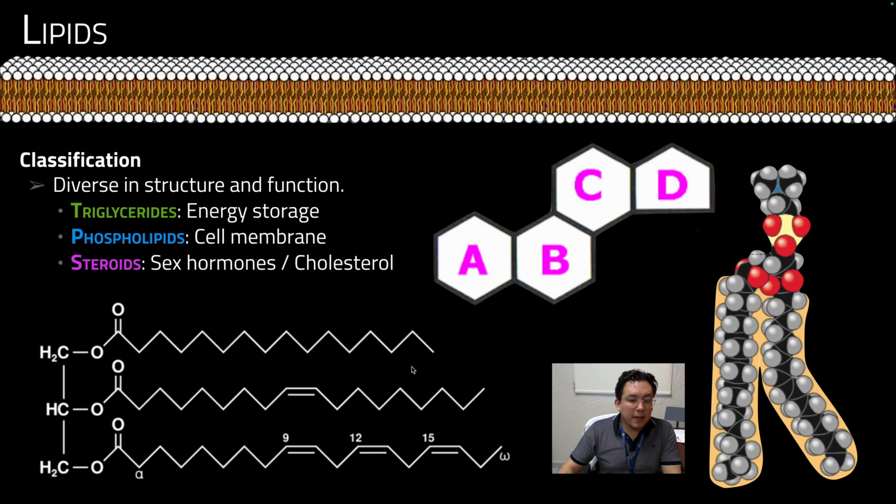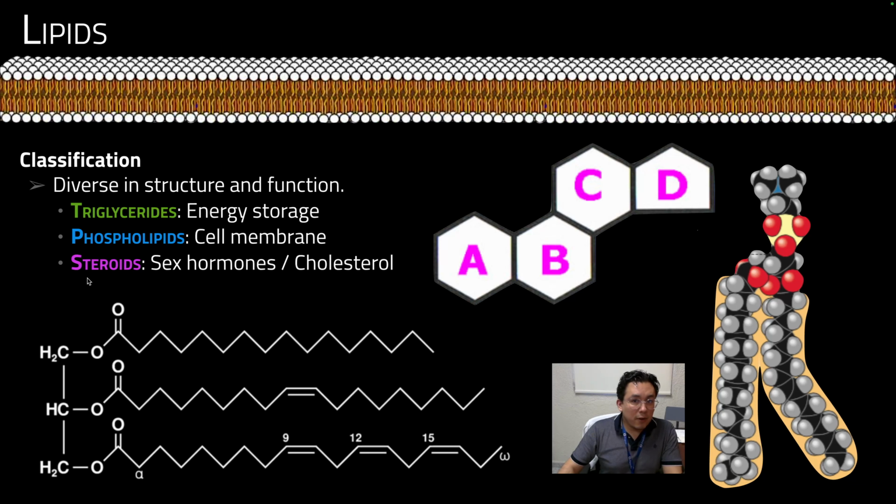Each of these zigzag lines that start with these circles is one fatty acid. So this molecule has 1, 2, 3 fatty acids connected to one backbone, and that is called glycerol, by the way. That's why the name is triglyceride, which is for energy storage.